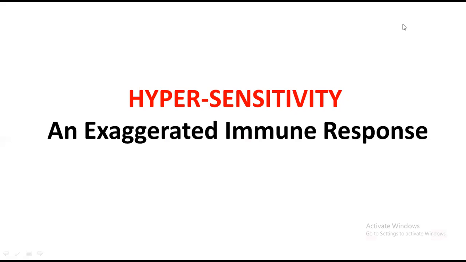So if someone asks you what hypersensitivity is, your answer will be that when our immune system responds to an antigen in a very exaggerated way, so that it kills our own body cells and affects our body, that is known as hypersensitivity.